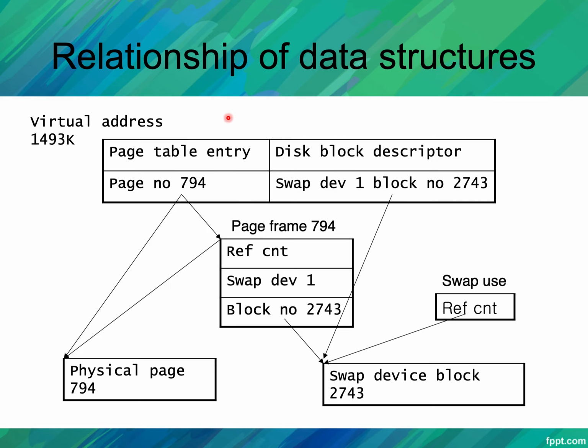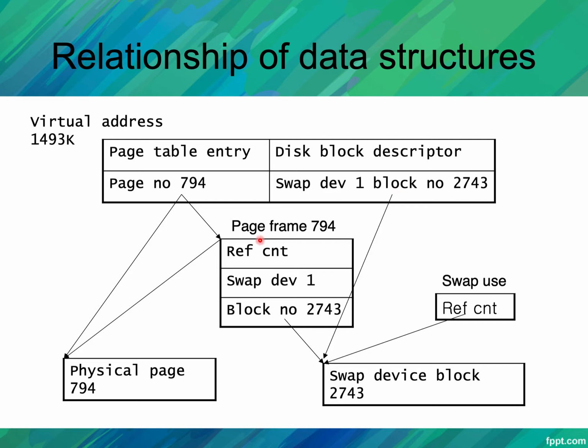So this is the relationship of data structures, how it is going to be referred. We have the page table entry and the disk block descriptor. The page table entry will have the page number, and the physical page number will also link to this page table entry. The disk block descriptor will have the swap device number and in which block it is available.